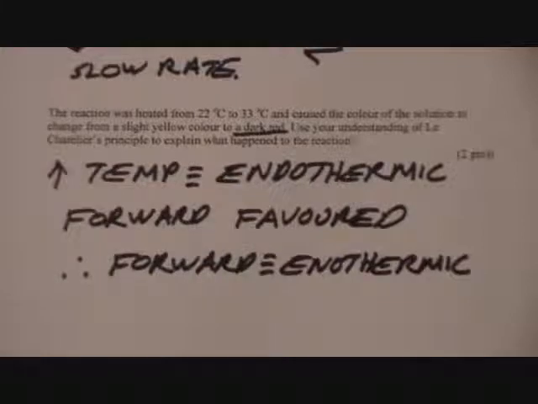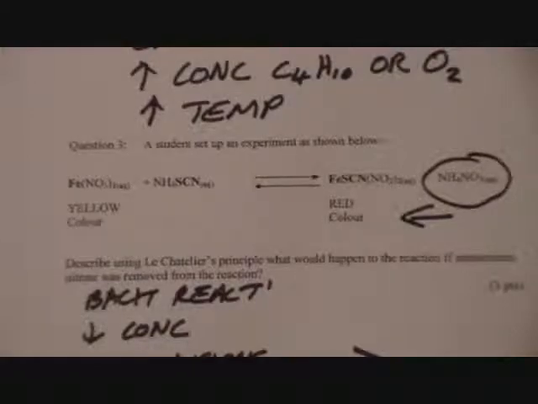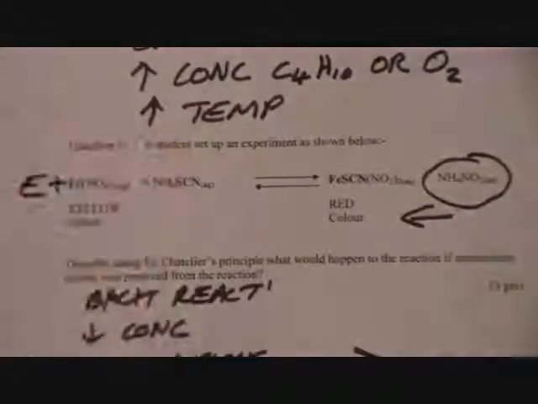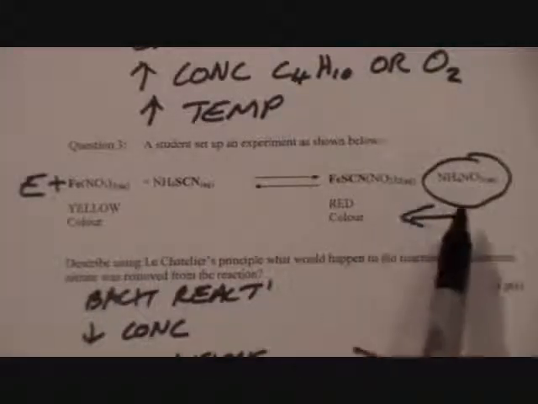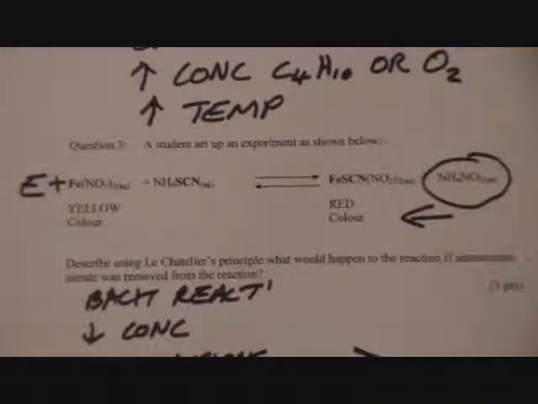From the colour change, the forward reaction has been favoured, so the forward reaction is endothermic, and therefore the back reaction is exothermic. So as we look at our original equation, the energy term would actually go on the left hand side. Energy going into the forward reaction to drive it, the back reaction exothermic, giving off energy when the back reaction is dominant.